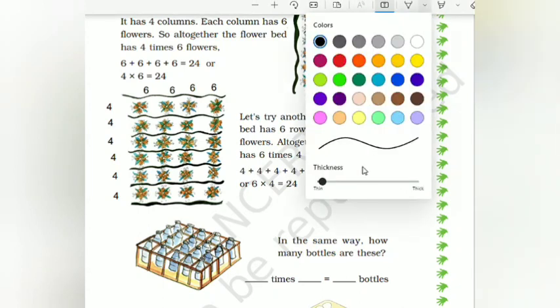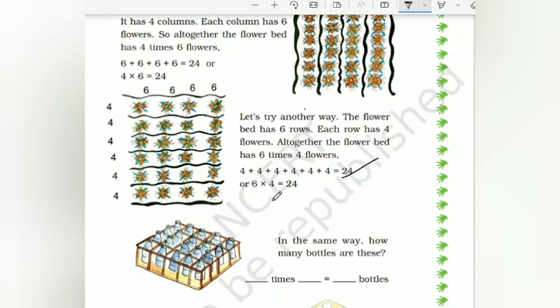Here how many? That is 6. Here 6. Here 6. Here also 6. Likewise, 4 6 times is equal to 24. You can write it as 24. 6 into 4 that is also equal to 24.